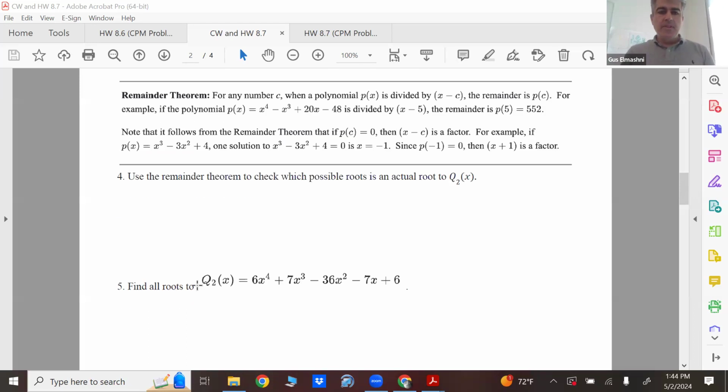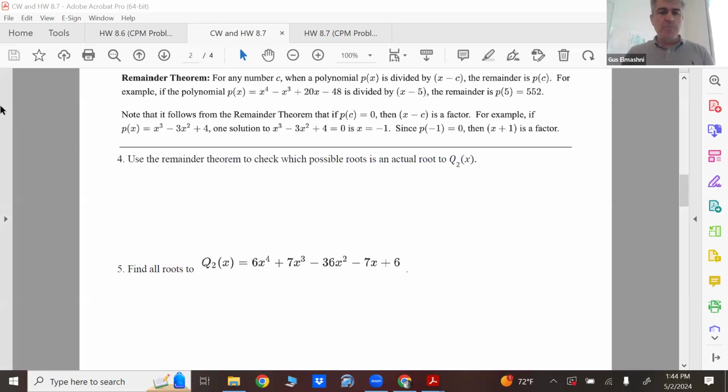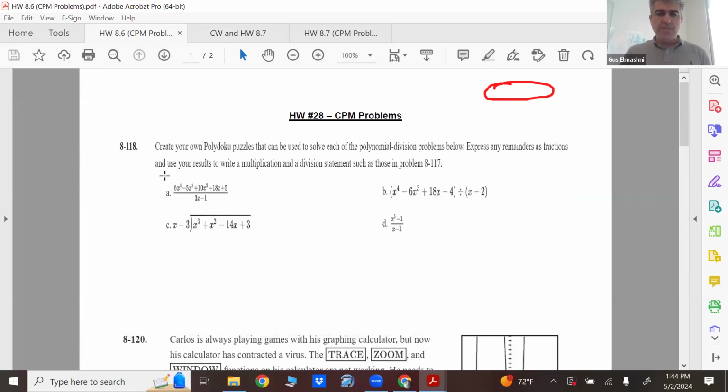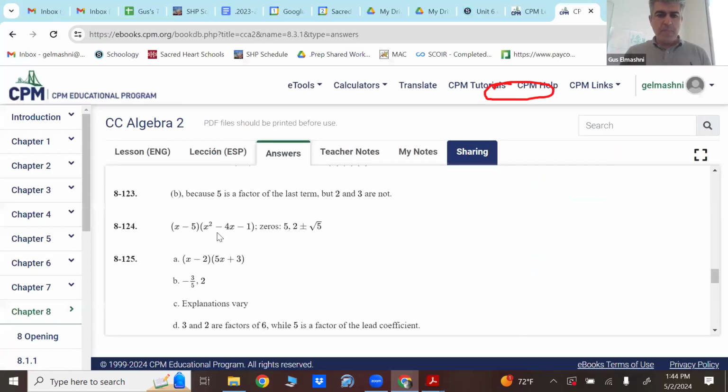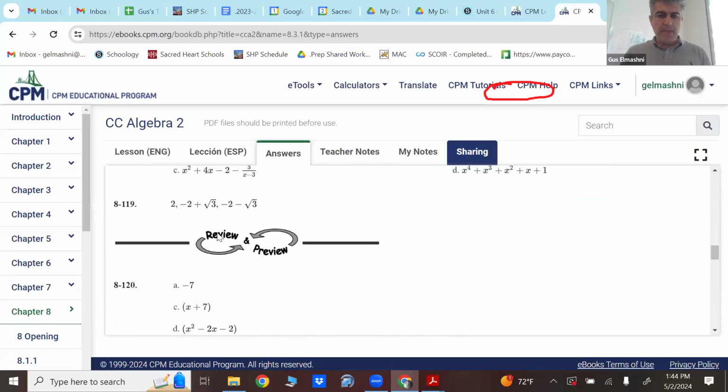So let's look at this one here, remainder theorem. The remainder theorem states the following. If you have some polynomial and divide by x minus 5, whatever the remainder is, it's the same thing as this. It's a little confusing at first, but let's go back up to the homework again. You guys remember we had this when we worked this out? Actually, I'll show you the answer key as well. What do we get for the answer?